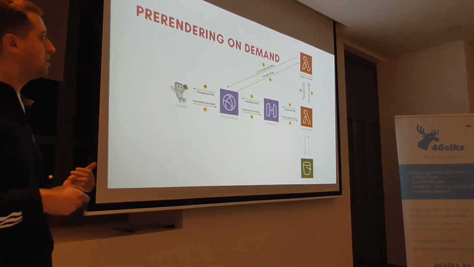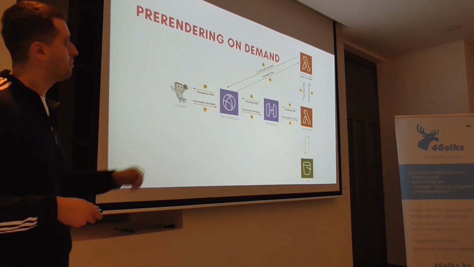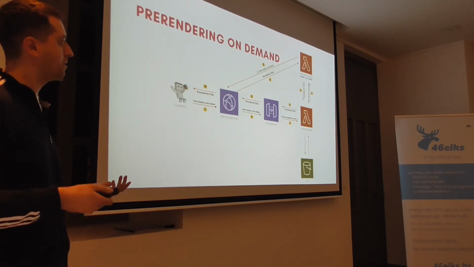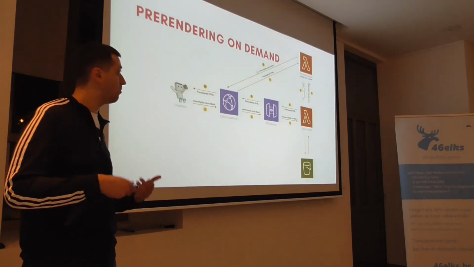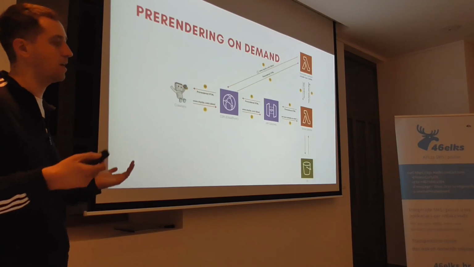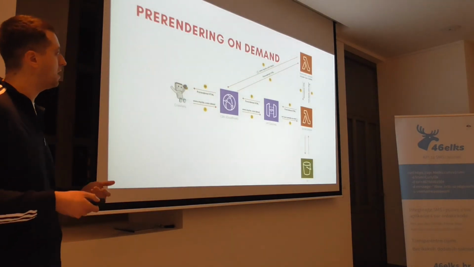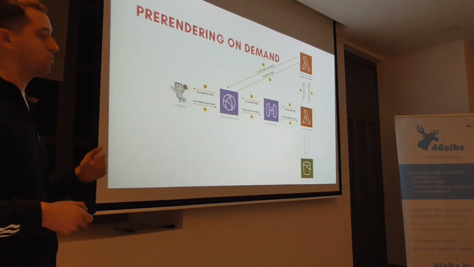So basically, the request is forwarded up, and Chromium is pointed to the URL which it received. Once the whole HTML has been generated, it will respond back. Server lambda will receive that HTML, and of course the HTML will be served back to the web crawler.